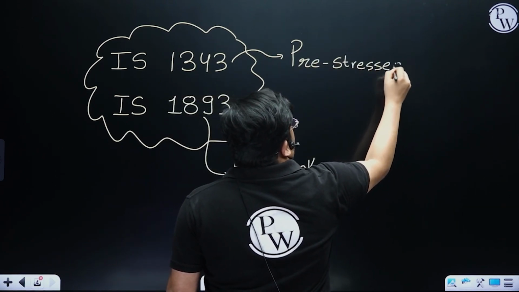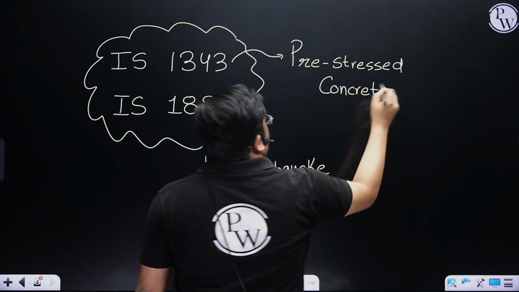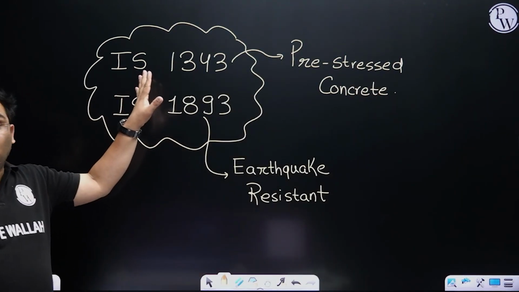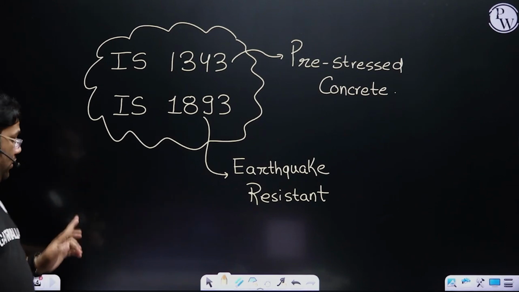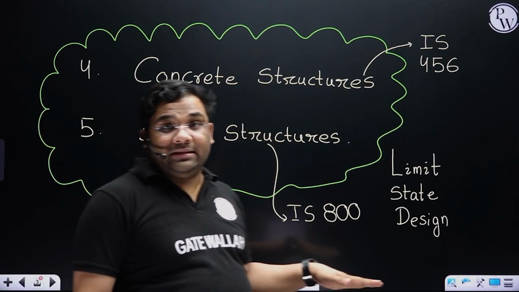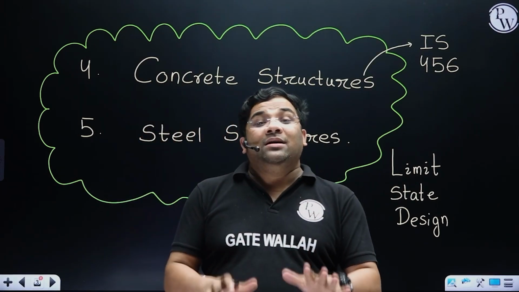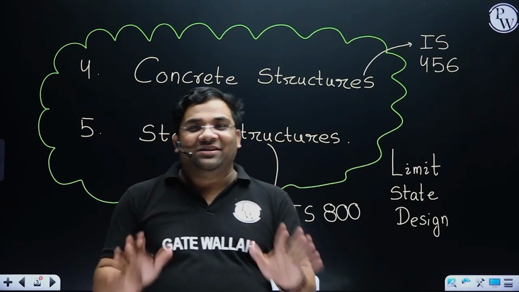Pre-stressed concrete structures have a lot of application in modern times. And therefore, if you are thorough with these two codes, along with your IS 456 and IS 800, then I can say that you have formed the basis for becoming a successful structural engineer.